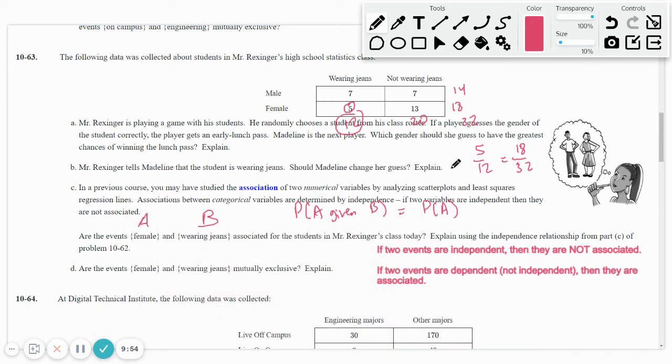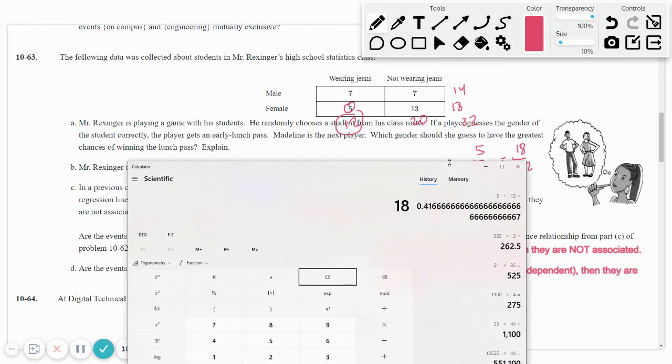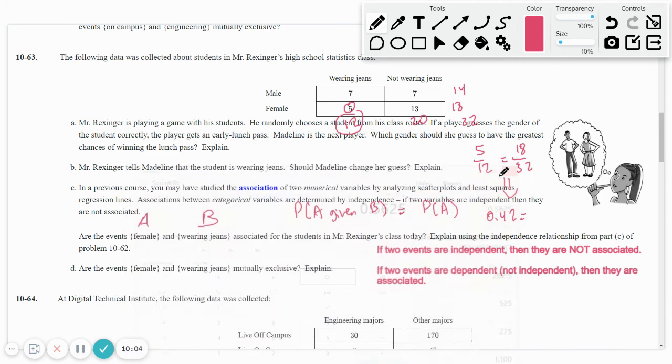I'm going to bring it down here. 0.42 is not equal to 18 over 32, which is 0.5625. So just from plugging it into a calculator, these are not equal, which means they are dependent, and which means they are associated.